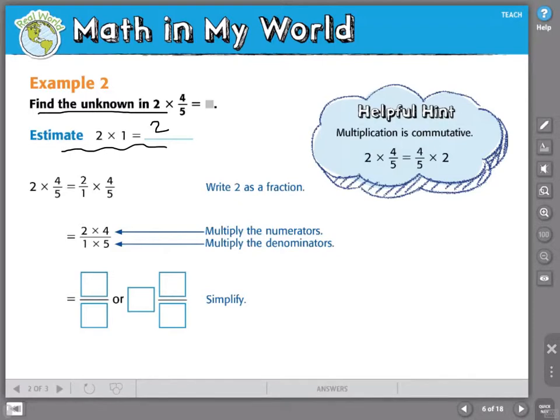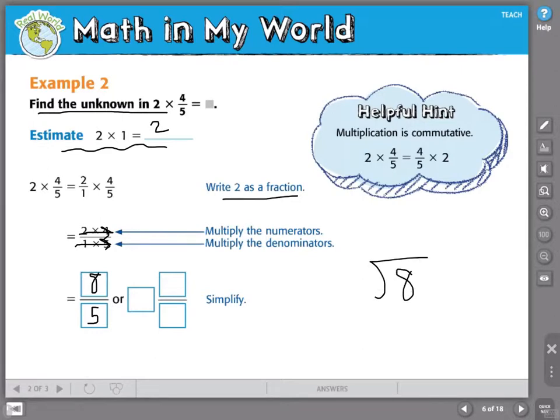To save ourselves a step, we're going to write 2 as a fraction, 2 over 1. Then we multiply our numerators. 2 times 4 is 8. And multiply our denominators. 1 times 5 is 5. Our answer is 8/5. But as you know, that's an improper fraction.